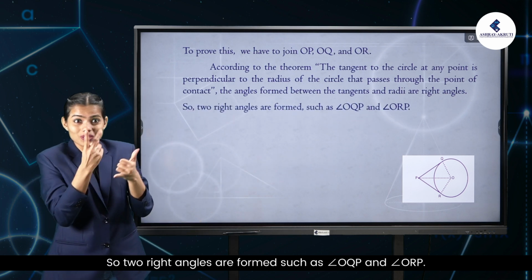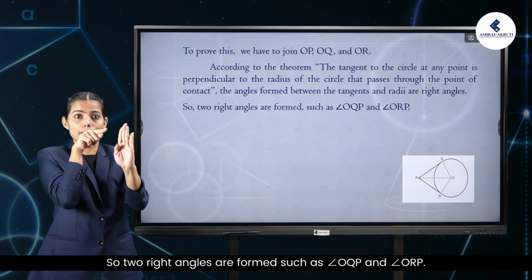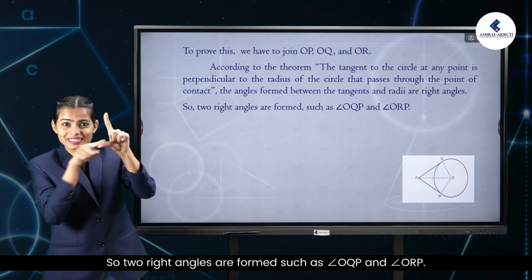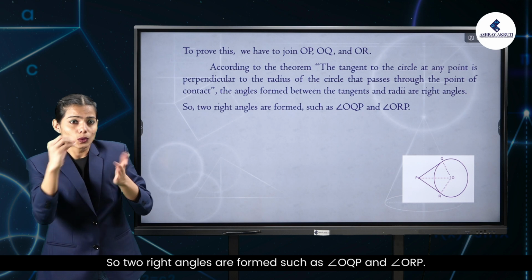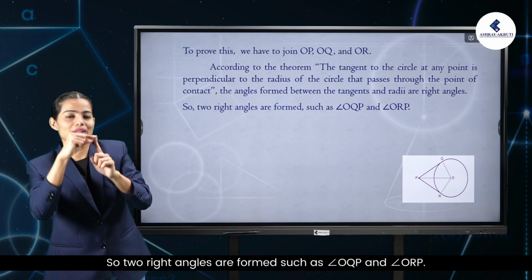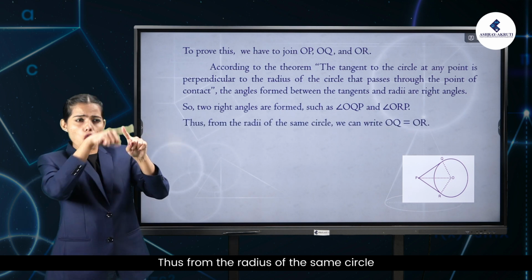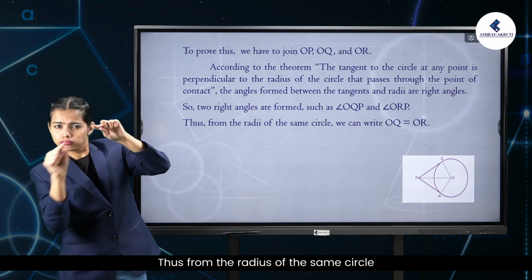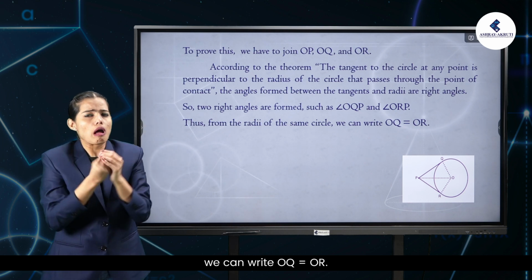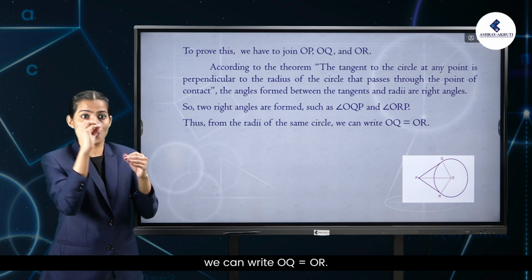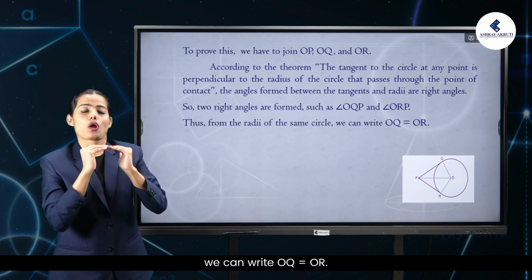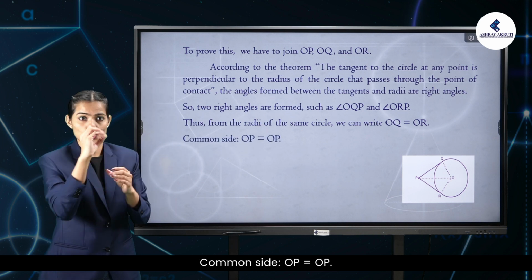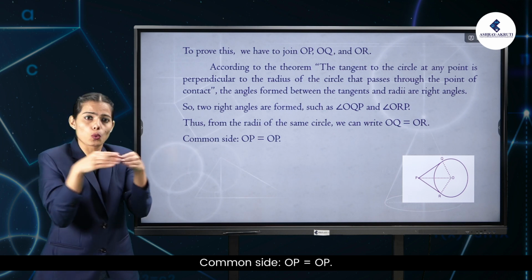So, two right angles are formed, angle OQP and angle ORP. Thus, from the radii of the same circle, we can write OQ is equal to OR. Common side, OP is equal to OP.